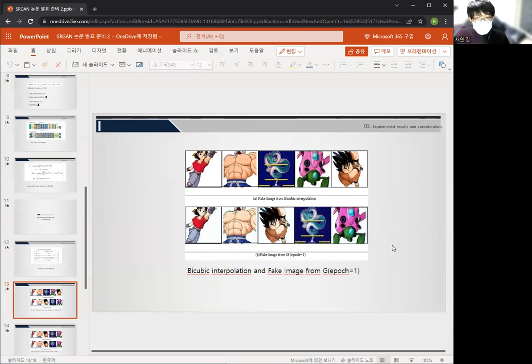After reducing the pixels of the original high-definition image of the classic game to quarter size, a low-definition image was generated and used as an input of SRGAN.